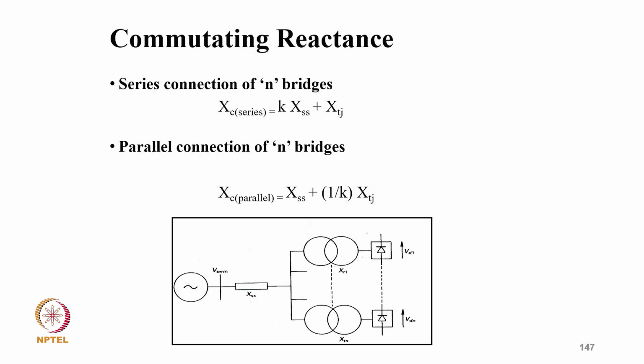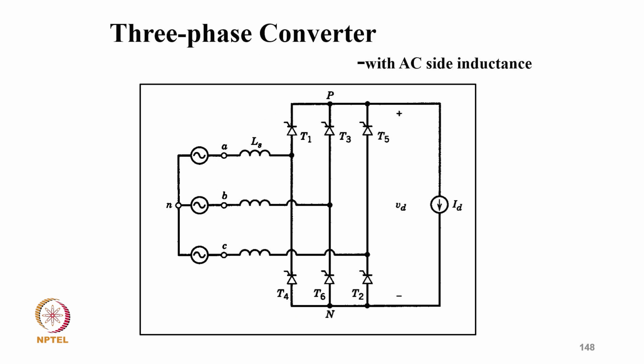The series connection of N bridges gives XC series equal to K times XS plus XTJ, and the parallel connection of N bridges gives XC parallel equal to XS plus 1/K XTJ. You can see the configuration of series connected converters.